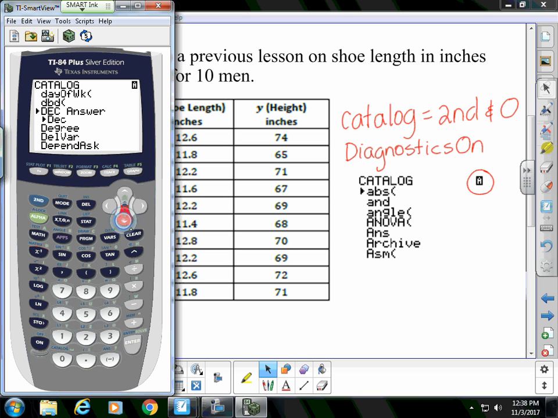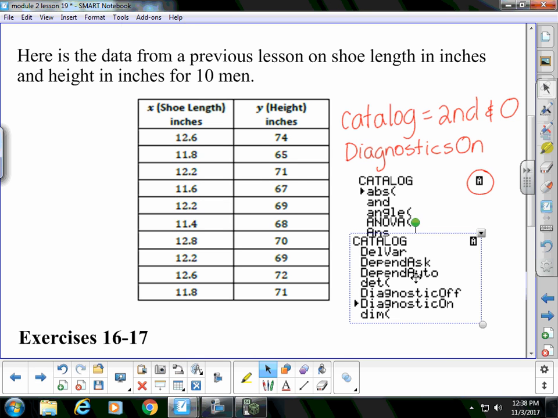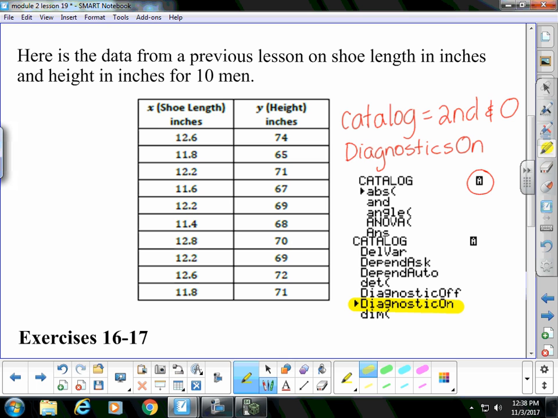Then you'll just look for diagnostics on. Once you get there, you're just going to push enter twice.